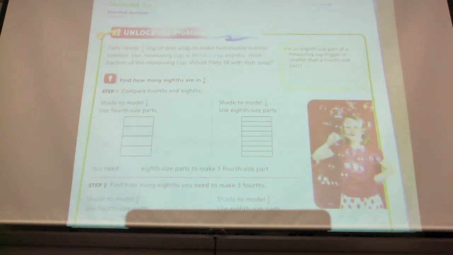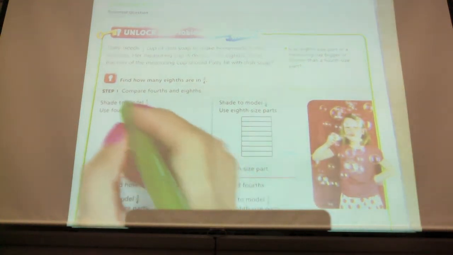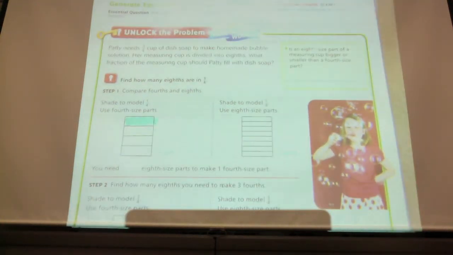Okay, so the first thing we're going to do is compare how many 8ths are in 3/4. It says shade the model 1/4, use 4th size parts. Okay, so it says to shade 1/4. Oh, we're just trying to see how many 8ths are in 1/4.